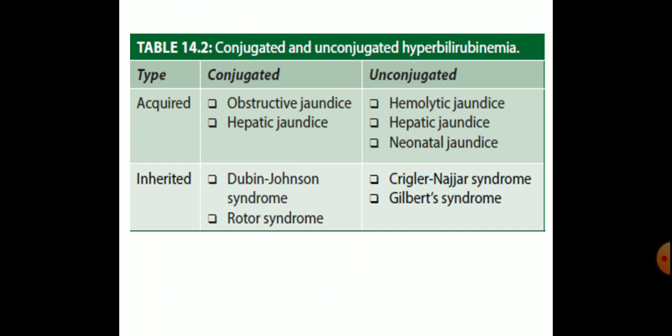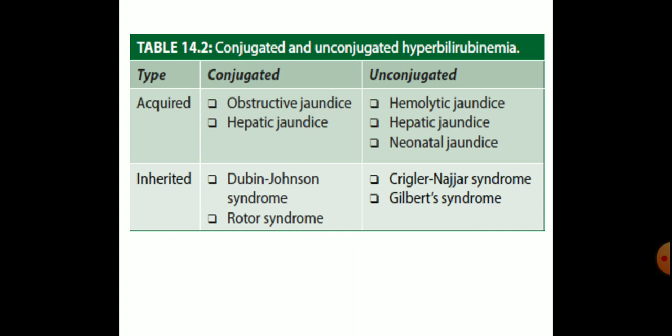Conjugated and unconjugated hyperbilirubinemia. The acquired hyperbilirubinemias where conjugated bilirubin levels are elevated are obstructive jaundice and hepatic jaundice, and those where unconjugated bilirubin levels are elevated are hemolytic jaundice, hepatic jaundice, and neonatal jaundice.